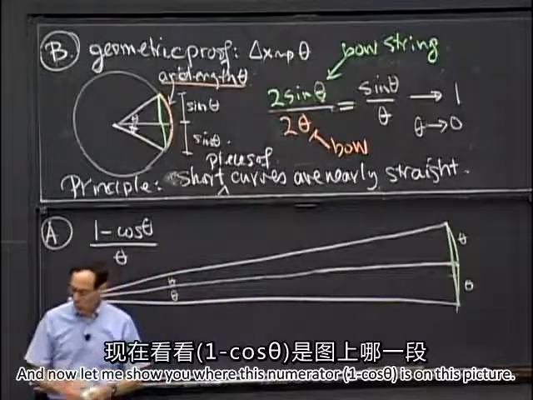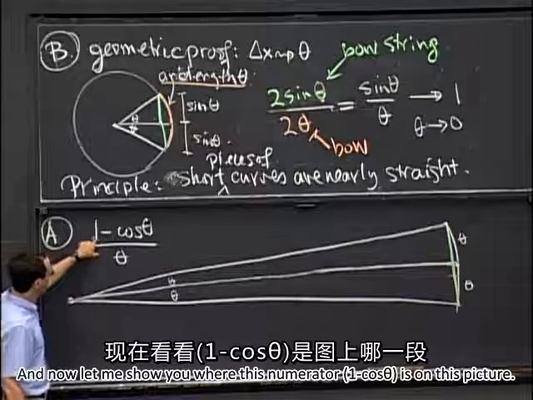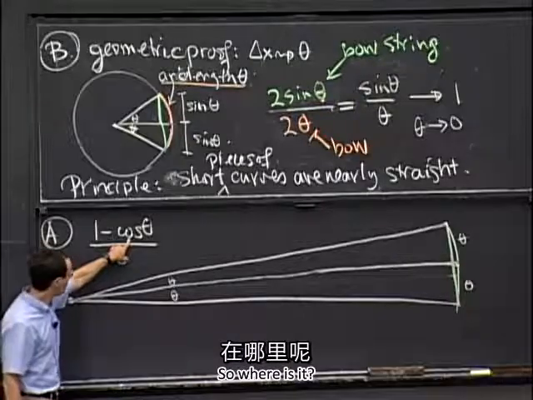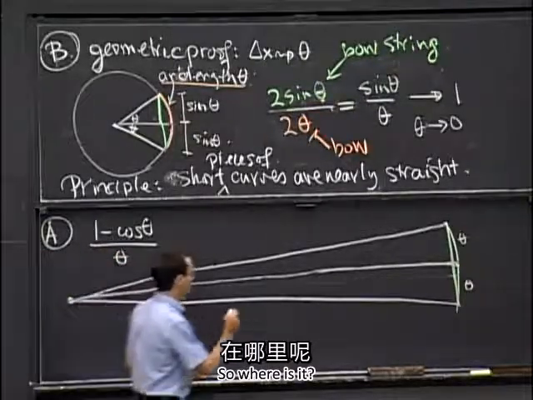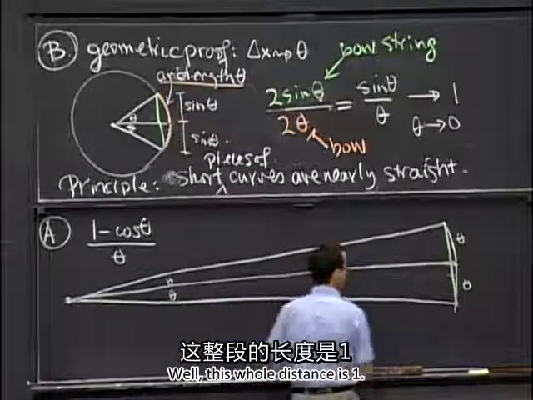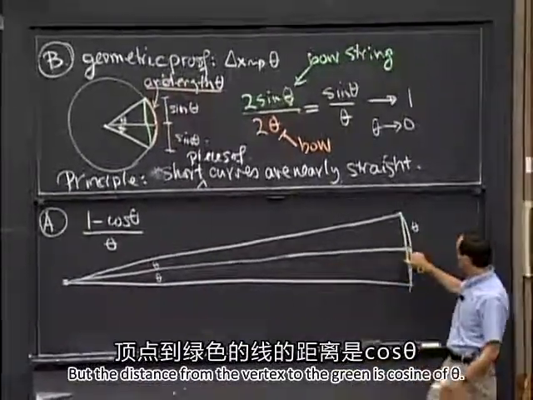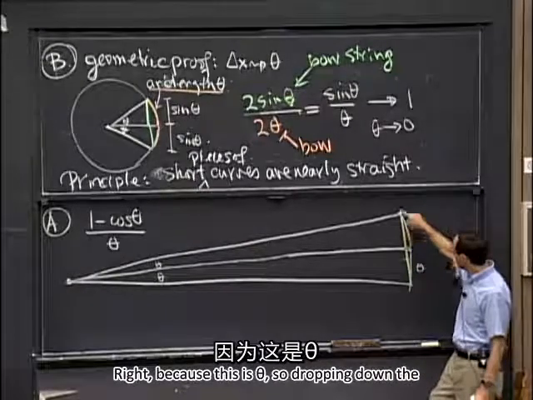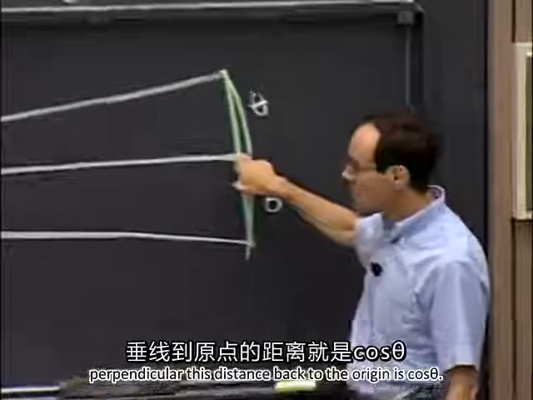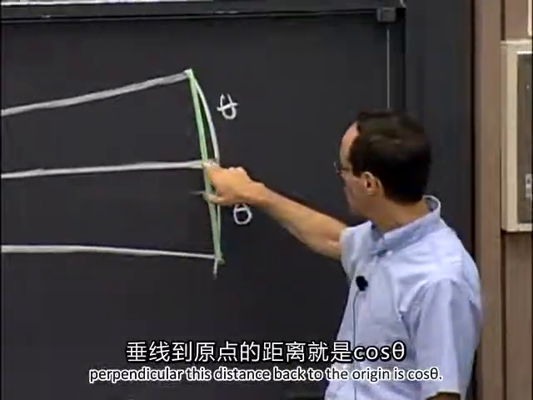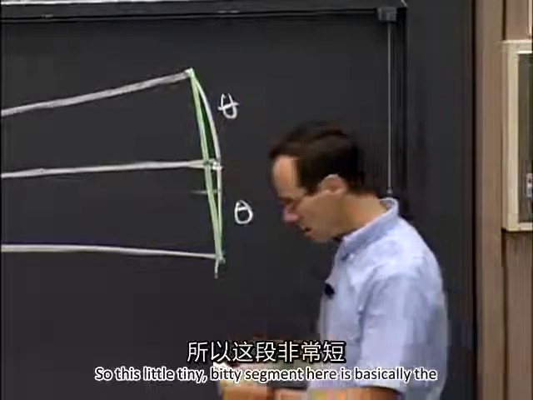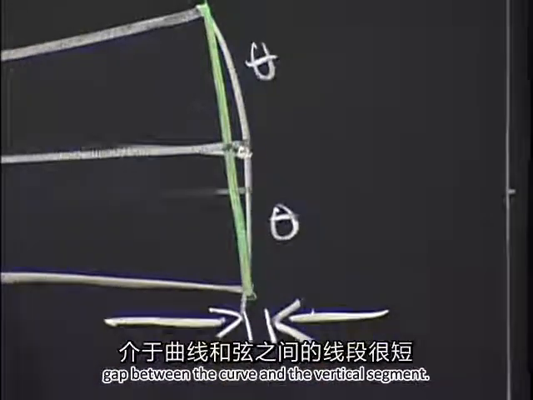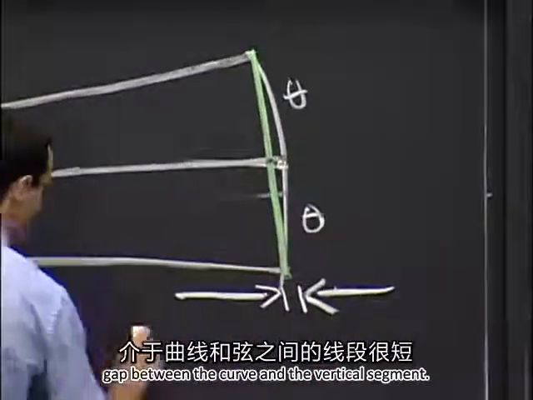And now let me show you where this numerator, 1 minus cosine theta, is on this picture. So where is it? Well, this whole distance is 1, but the distance from the vertex to the green is cosine of theta, right? Because this is theta, so dropping down the perpendicular, this distance down back to the origin is cosine theta. So this little tiny bitty segment here is basically the gap between the curve and the vertical segment.